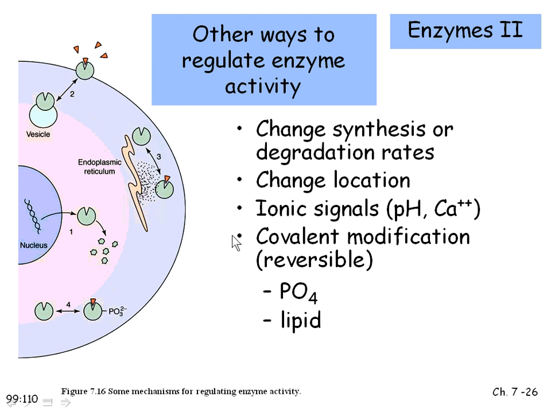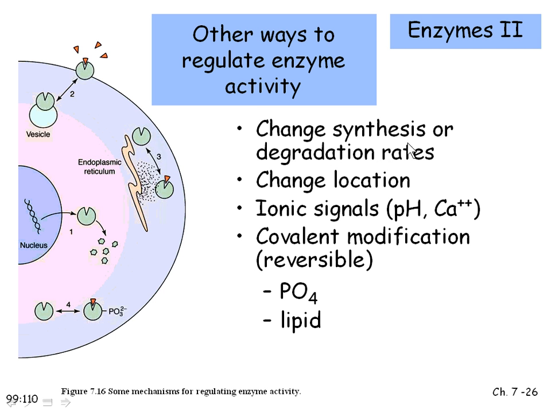Okay. So far we've talked principally about binding either at the active site or binding somewhere else on the enzyme, but there are in fact a number of other ways that enzyme activity can be changed as well. For instance, you can change how quickly you synthesize or how quickly you degrade the enzyme.